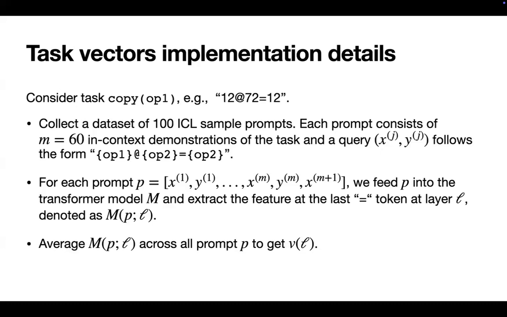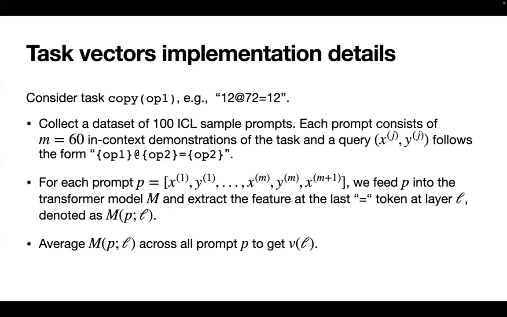For each pair of inputs and outputs in the demonstration, x_j, y_j follows the form operand 1 add operand 2 equals, sorry, this should be operand 1. So the copy operand.